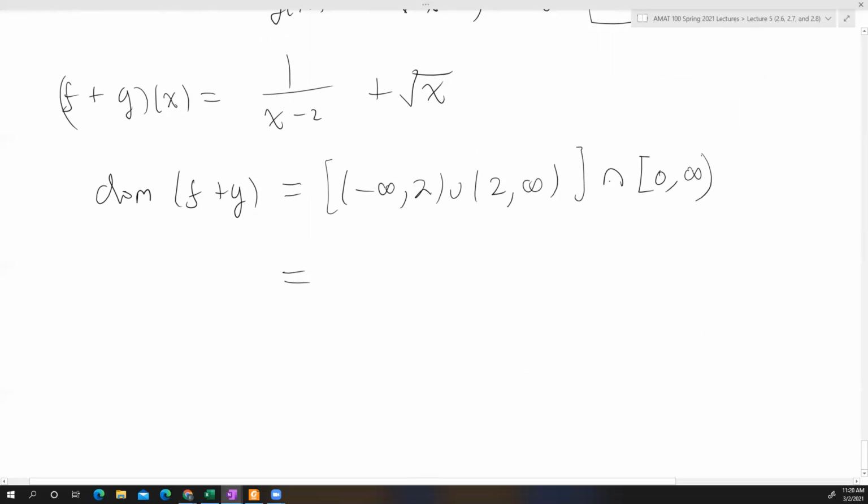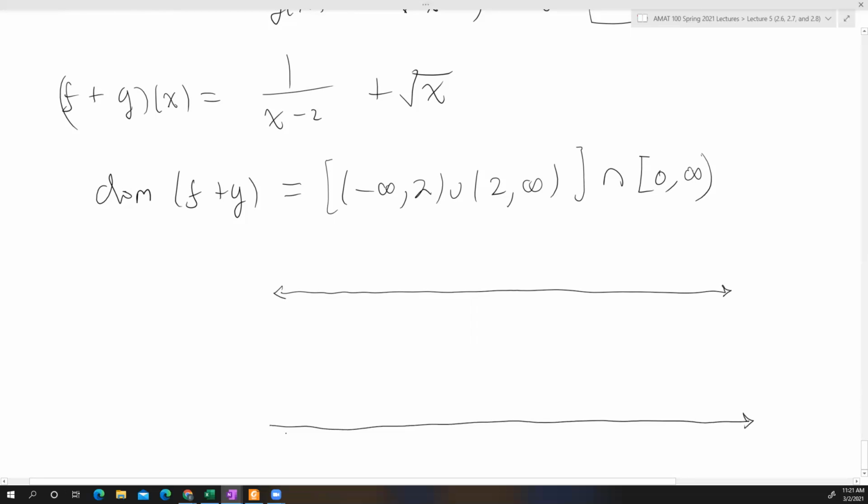If you take a point in the intersection, it has to be in 0 to infinity, including 0, and it has to be in this set here. Anything in here is non-negative, so we have to exclude all those negative numbers. Maybe the best way to do this would be to draw a number line. So we have 0 here and then 2 here.